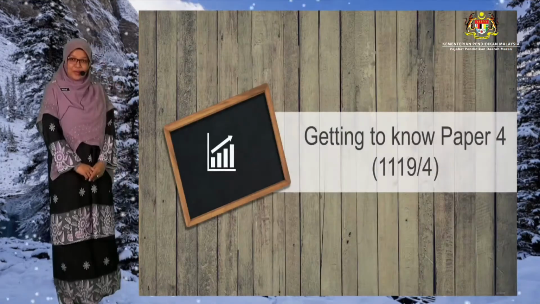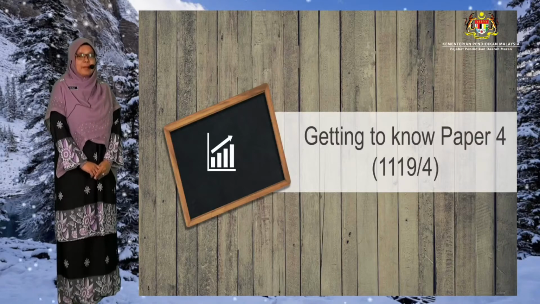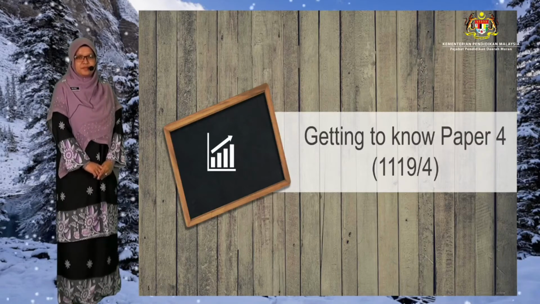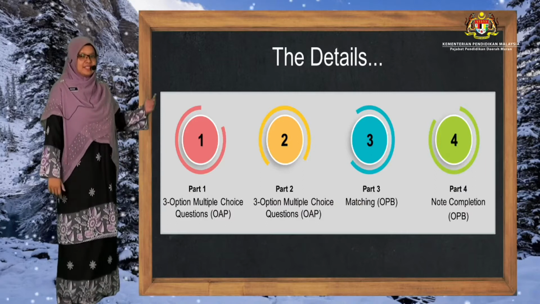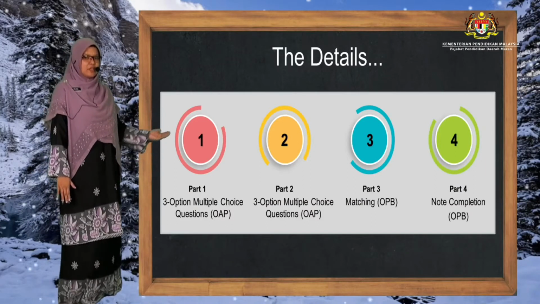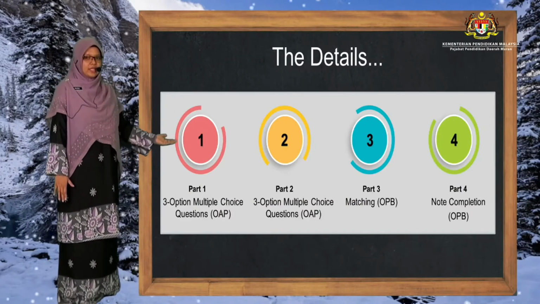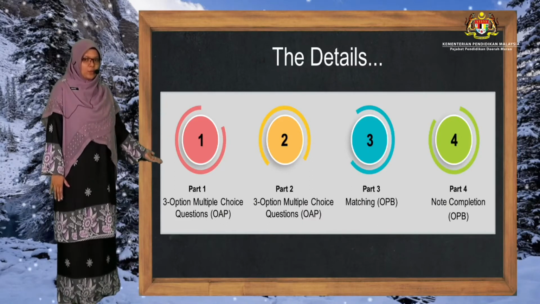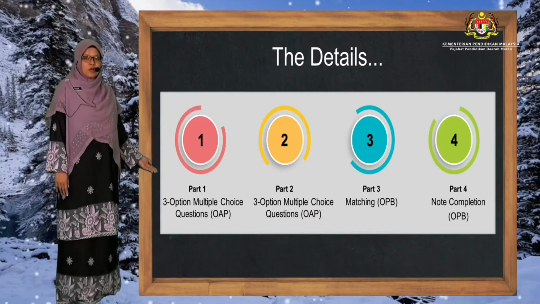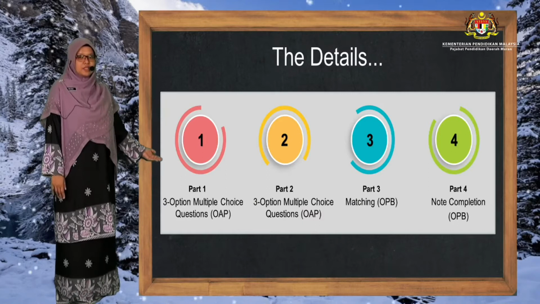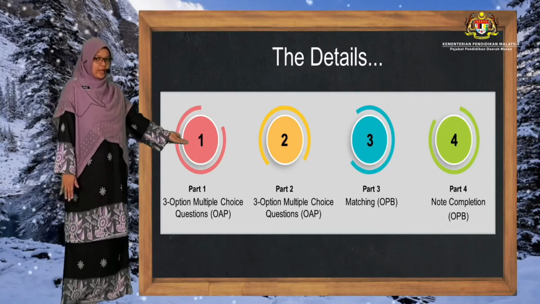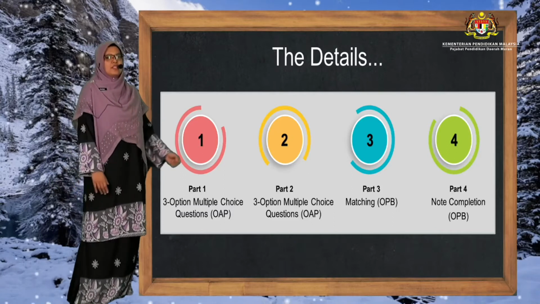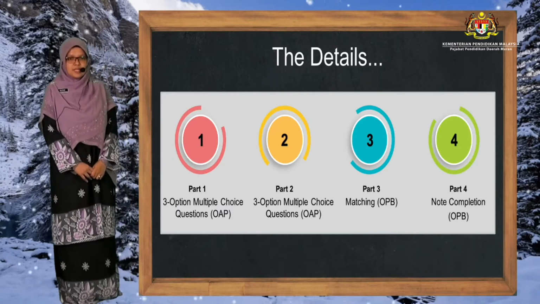Now let us get to know Paper 4. Here are the details. You can see 4 parts. Part 1 contains 3-option multiple choice questions, MCQ. Part 2 as well contains 3-option MCQ.